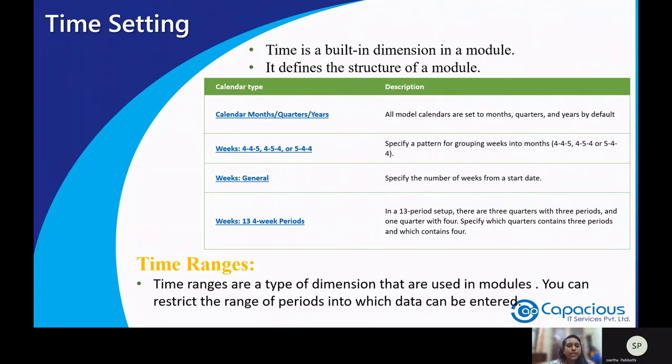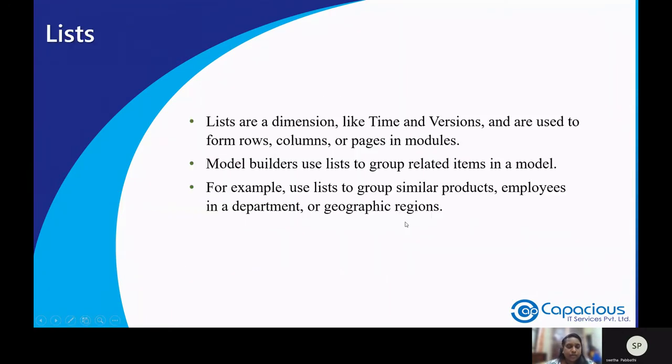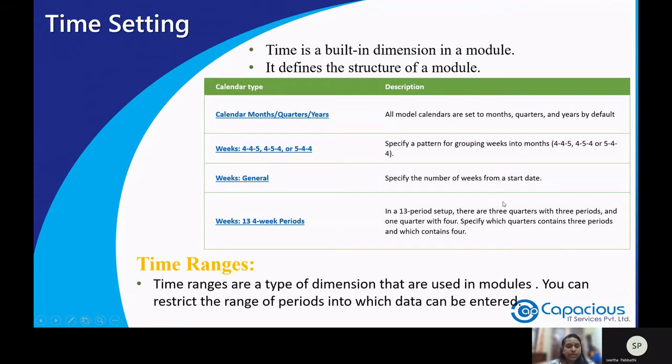So we have to set it up so that a quarter contains periods, which can be represented as a 13-period setup as well, by giving 3 quarters that contain 3 periods.